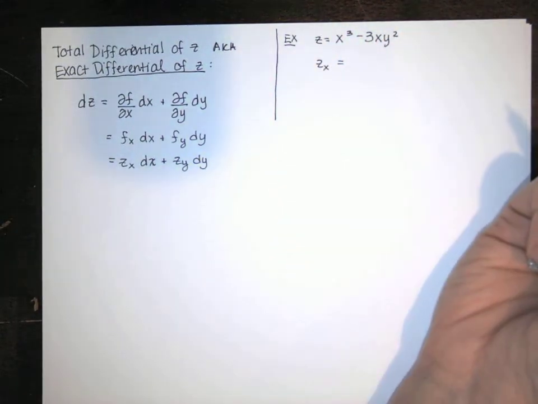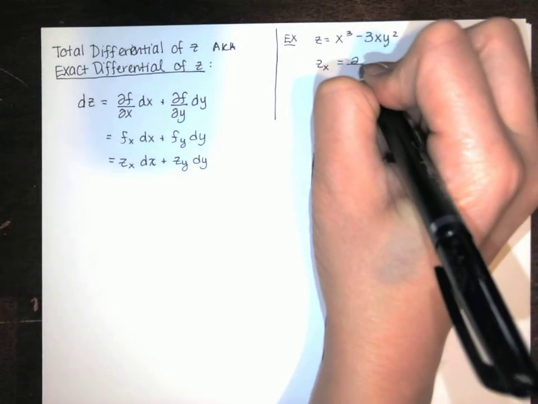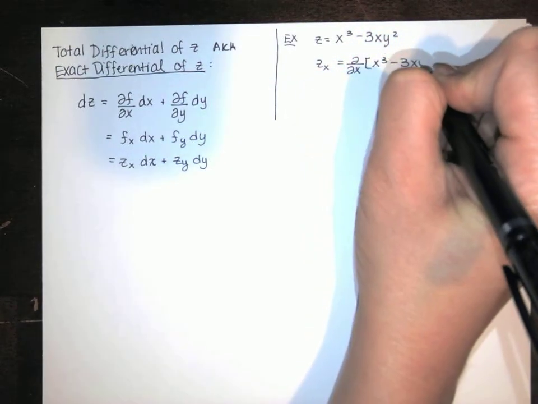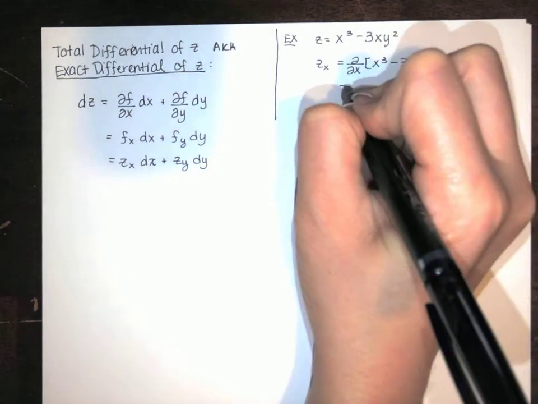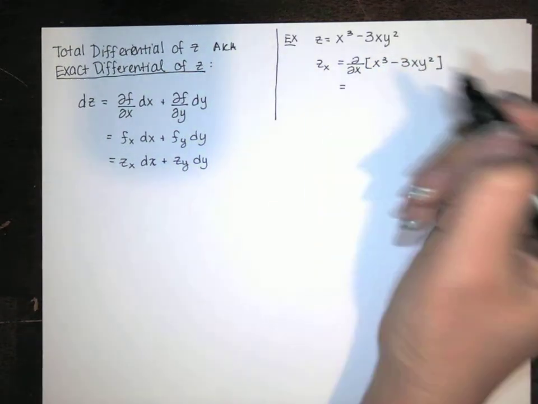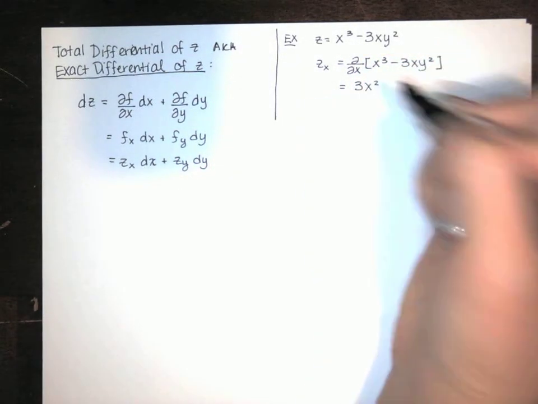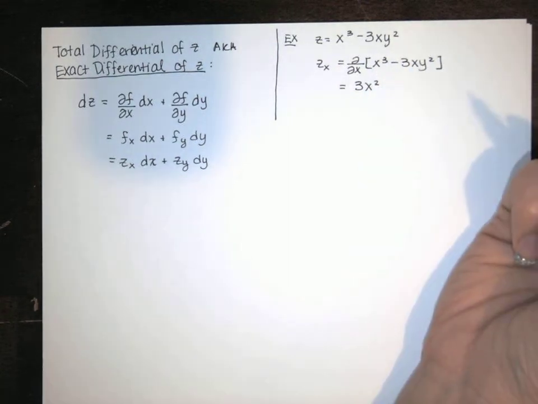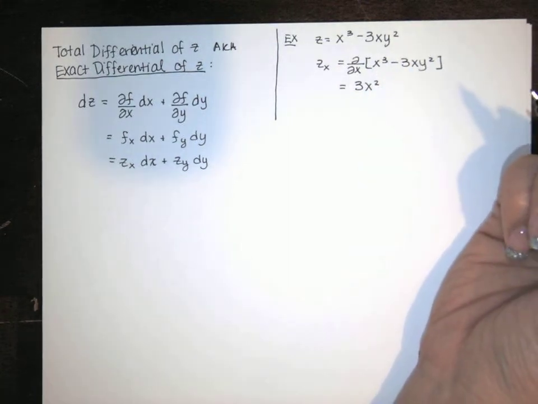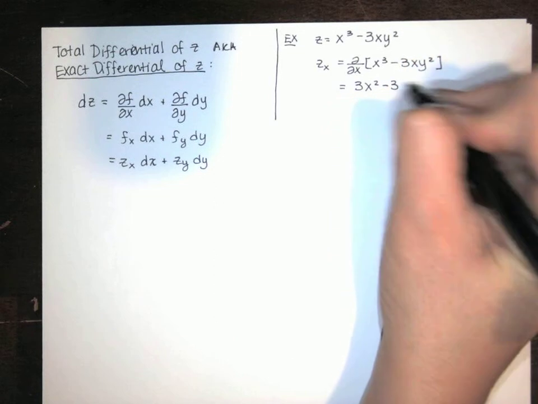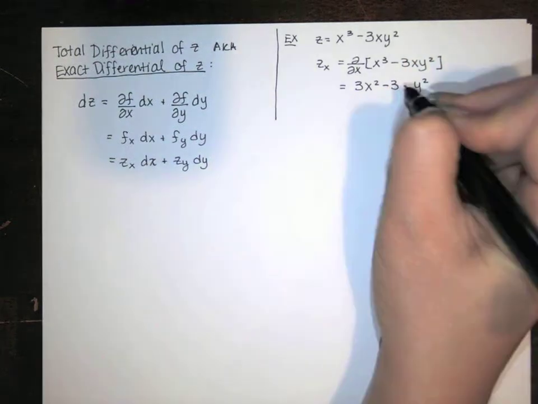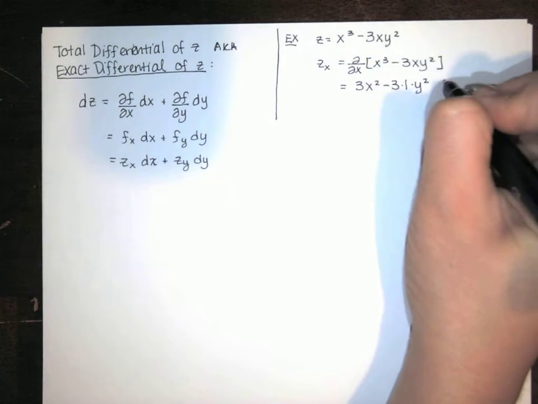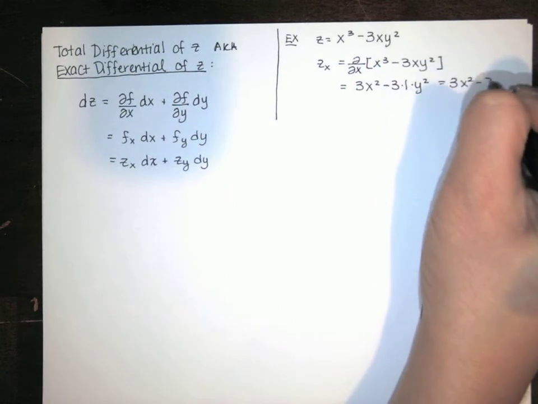So I want the partial with respect to x. Well, the derivative of x cubed with respect to x is 3x squared. And when we take the derivative of this term with respect to x, we're treating y as a constant, so we can bring down the 3, we can bring down the y squared, and then we take the derivative of x with respect to x, that's just 1. So we just get 3x squared minus 3y squared.